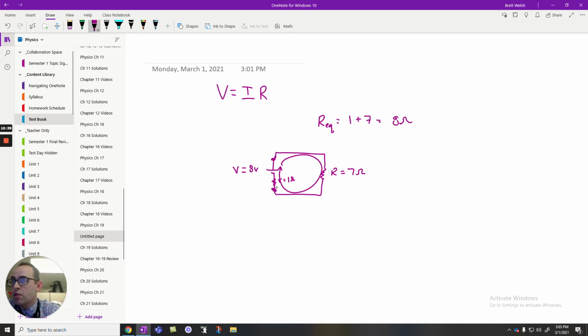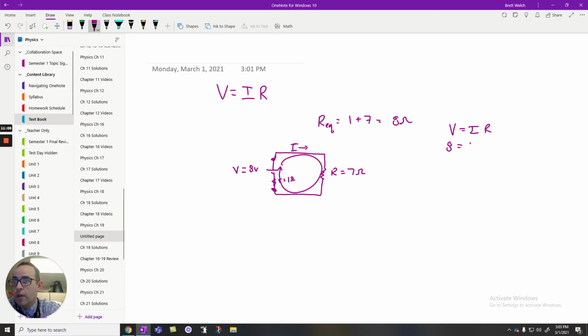Now I can use that total resistance to calculate the current that flows through the circuit. As long as there's not a junction, that current will never change throughout the circuit. Well, using Ohm's law on the whole, so voltage equals current times resistance. So I'm using this for the entire circuit, which means the total voltage was 8 volts.